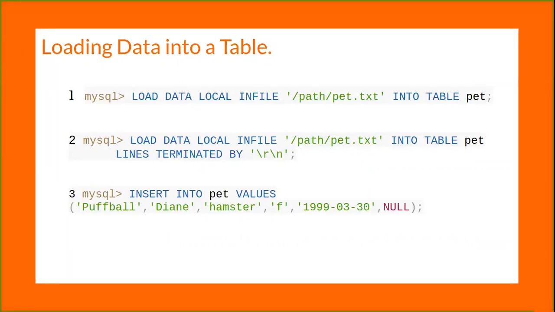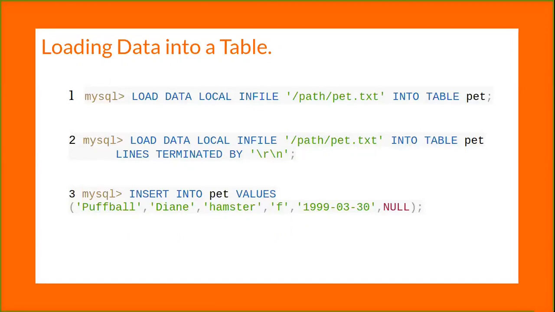When you want to add a new record one at a time, the INSERT statement is useful. In its simplest form, you can supply values for each column in the order in which the columns were listed in the CREATE TABLE statement. Suppose that Diane gets a new hamster named Puffball.